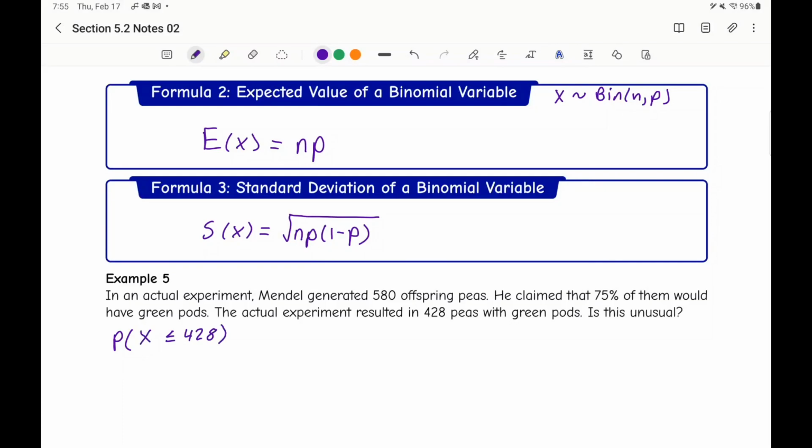That'll give you how unusual 428 is. But as you have noticed, I'm hoping, this would take a lot of time, because you would have to calculate about 428 different probabilities. You could do the complement rule, but you would still have about 160 to calculate. So we're not going to do that method.